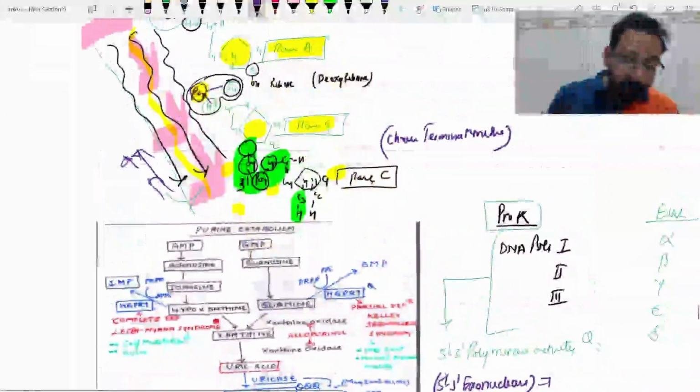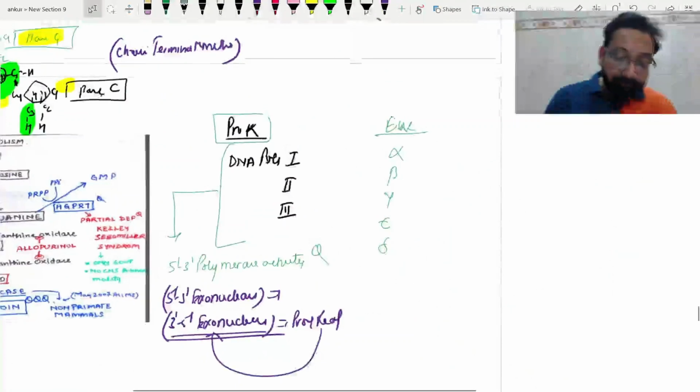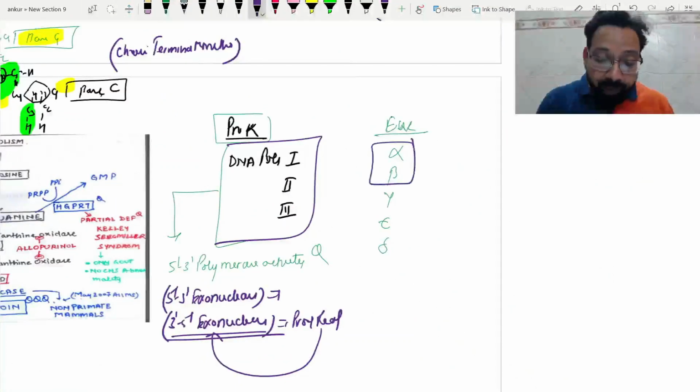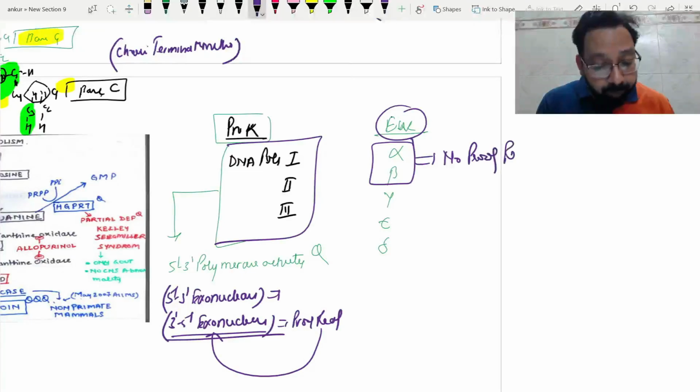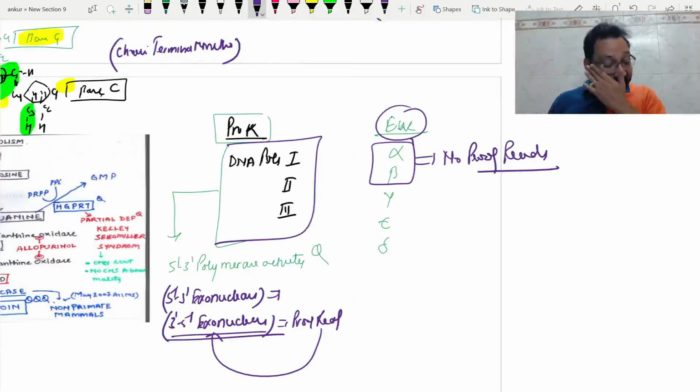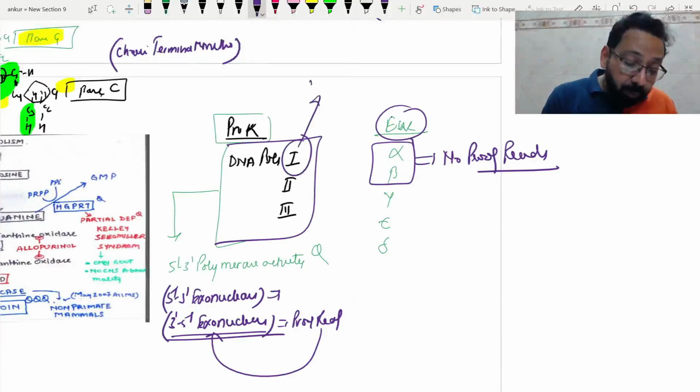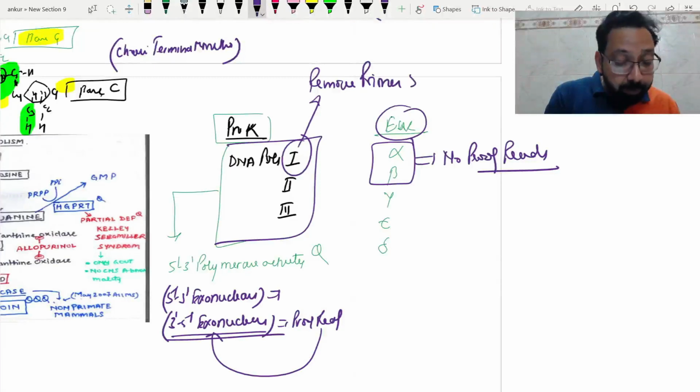Proofreading means 3 to 5 exonuclease activity. Mug it up: all polymerases have proofreading activity except alpha and beta polymerase of eukaryotes, which have no proofreading. DNA polymerase 1 removes the primer by 5 to 3 exonuclease activity.